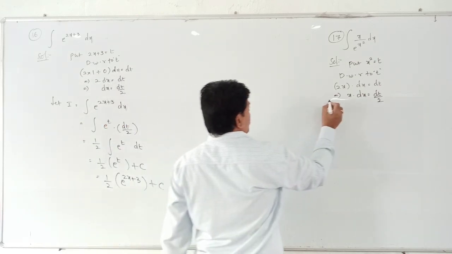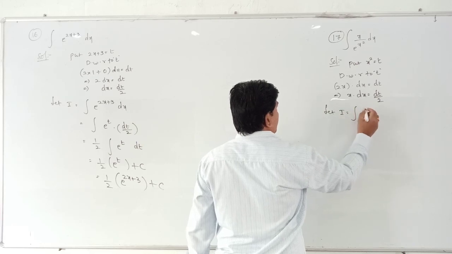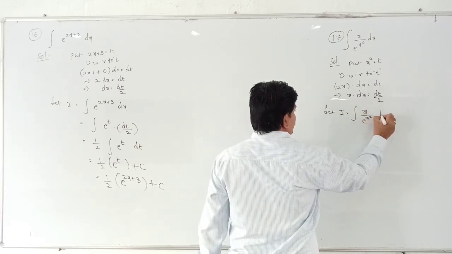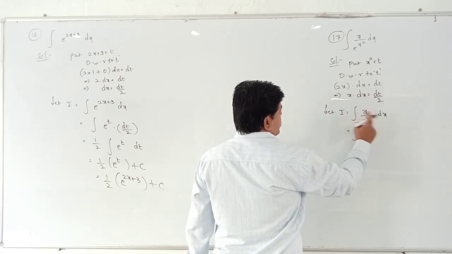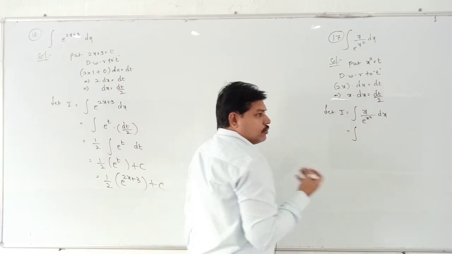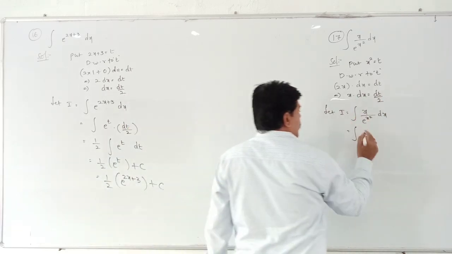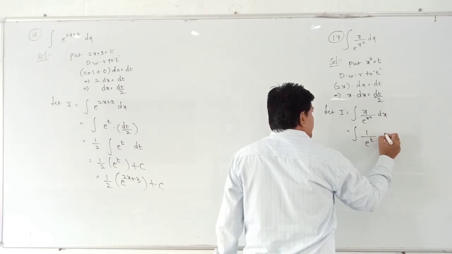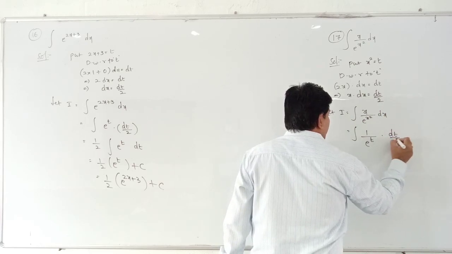So what is the problem? I will take that one here. Let I is equal to integral of x by e power x square into dx. So that is equal to integral of x into dx, value is dt by 2. So 1 by e power x square, value is t, into x into dx value is dt by 2.